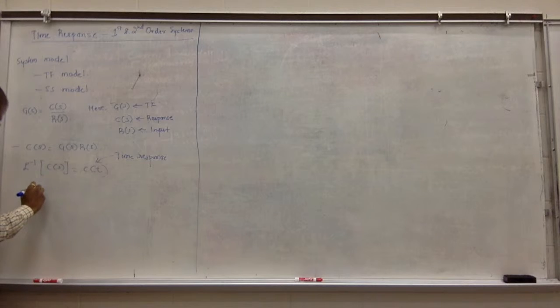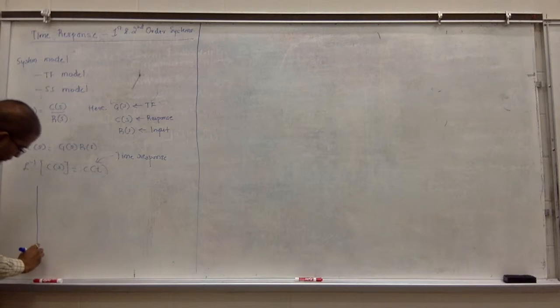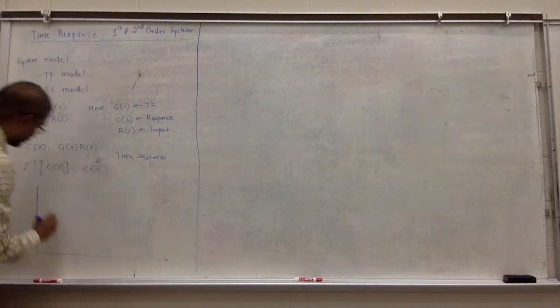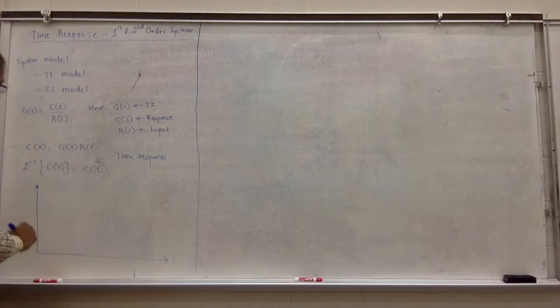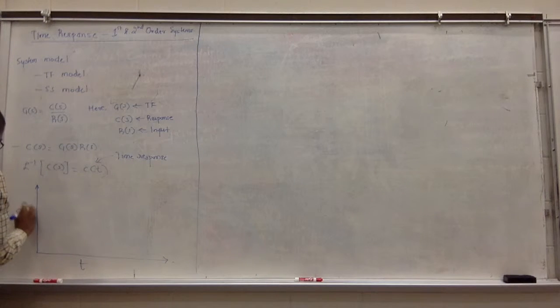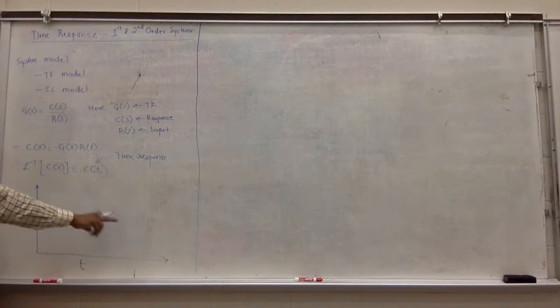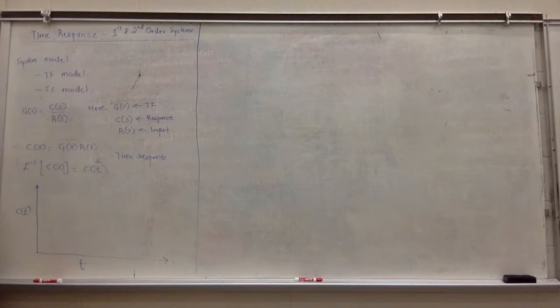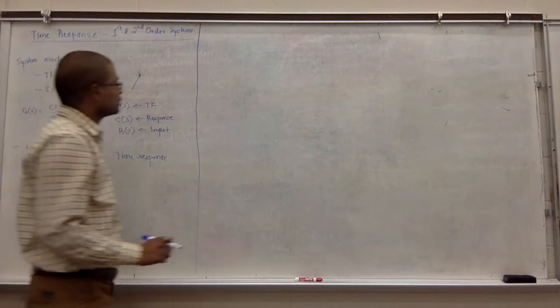If you plot this, in basic words, the time response is the Laplace inverse of the output. Isn't transfer function output over input? Laplace inverse, that's the time response. So if you have, this is time, and this is C of T. Okay. So as time progresses, if you plot how the response varies, that's the time response. Okay.